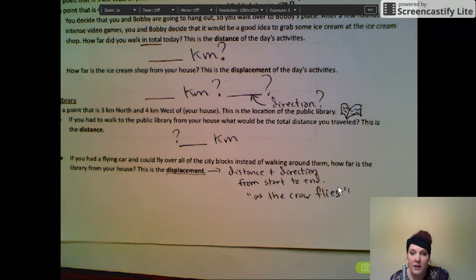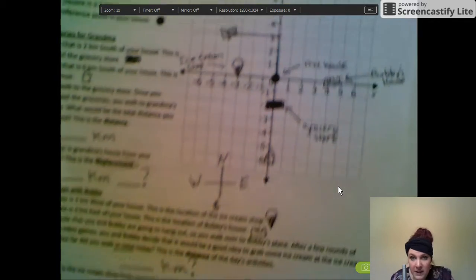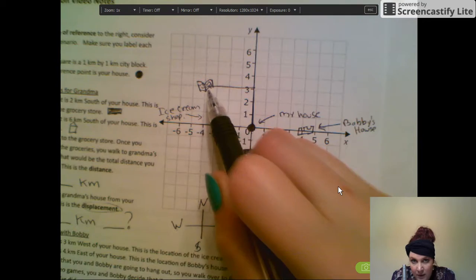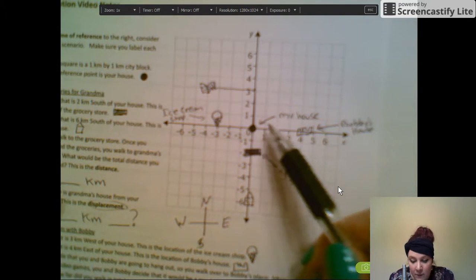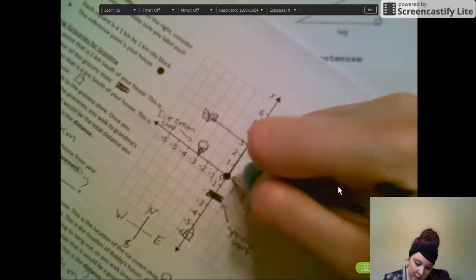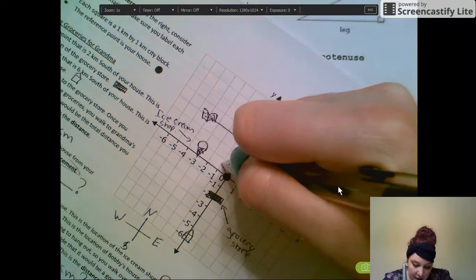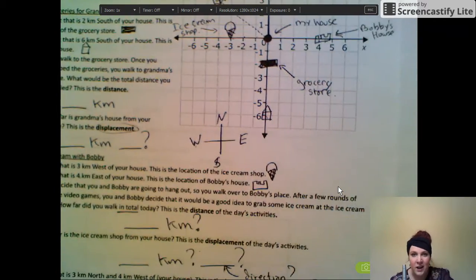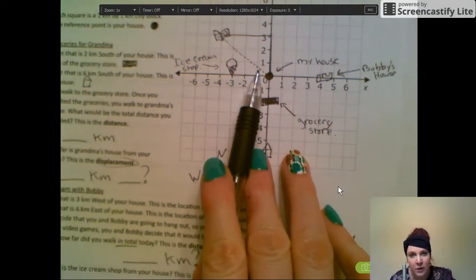So we're cutting corners, going over the city blocks instead of around them. If I were to go from here to the library, but instead of walking around all these blocks, I'd go like any bird that flies, and just go all the way on top and across, cutting the corner.